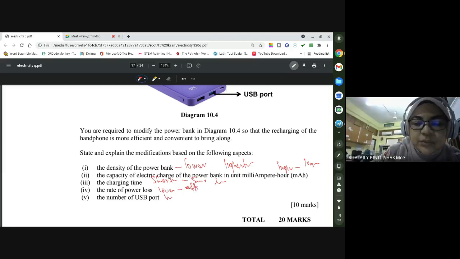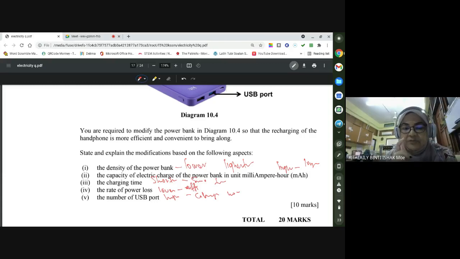So we want more USB ports to charge more. As for the rate of power loss, we cannot use efficient because efficient is in the question, so save energy. Okay, so that is the answer for question D.